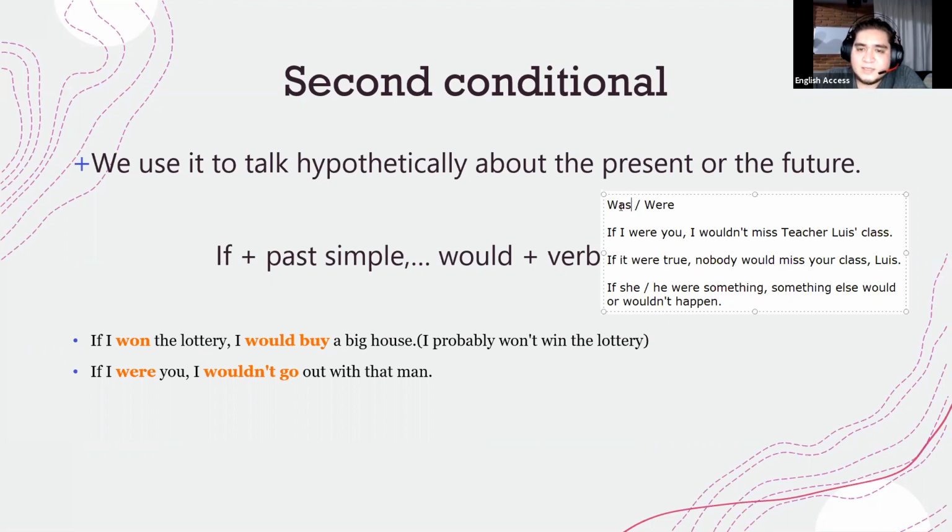So was is not commonly used for conditionals in this case. If I were, if you were, if she were, if he were, if it were, if we were, if they were. So all of it is were. But I'm not gonna lie, was is only valid for the third person.